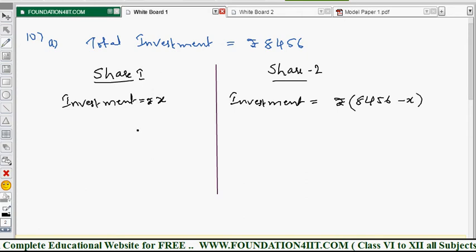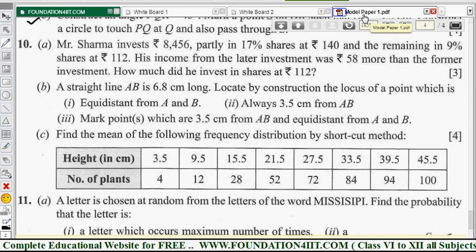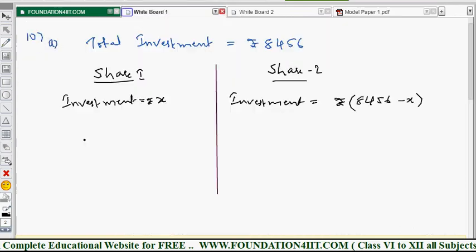Now, nominal value and market value. One is at 140 and one is at 112, so those are the market values. The nominal value we should take is rupees 100. Since a percentage is given, the nominal value is the same for both, rupees 100.